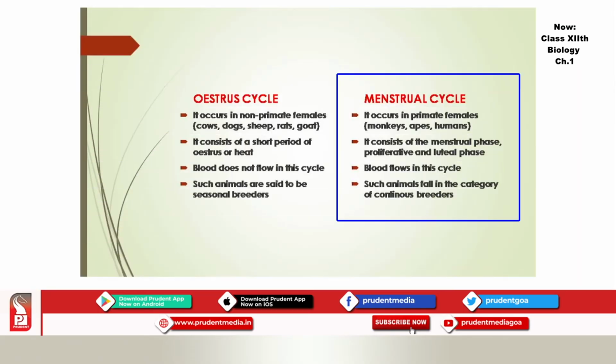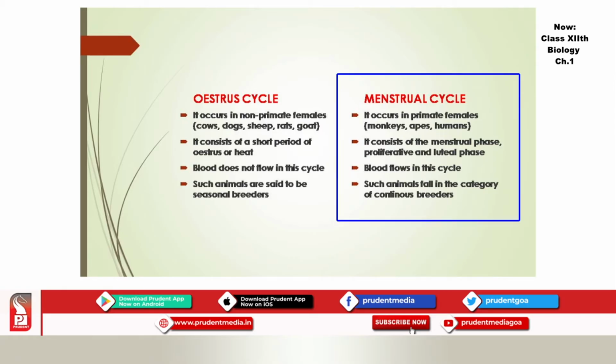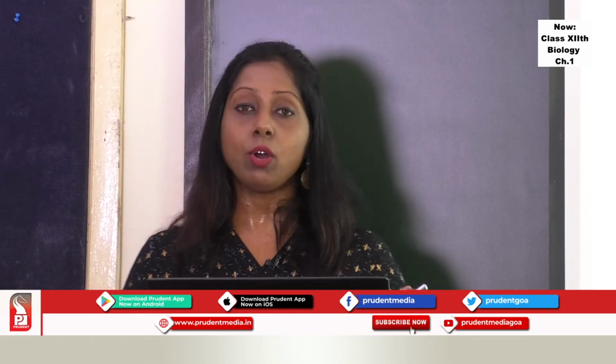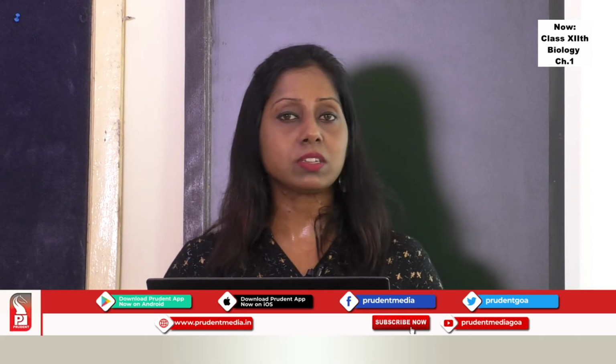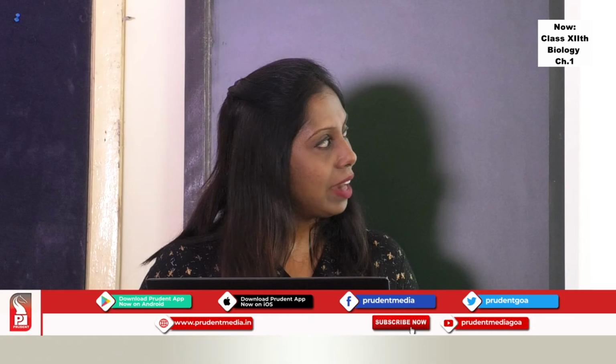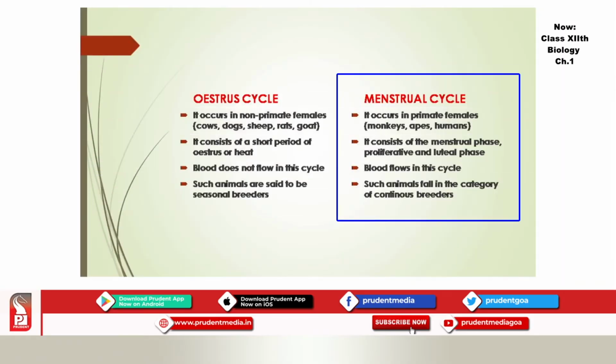So what are the other features of the menstrual cycle and the estrous cycle? Let's have a look at the menstrual cycle. It consists of the menstrual phase, proliferative phase, and the luteal phase. These are phases that occur in every menstrual cycle. The menstrual cycle is a cyclical change that occurs in the reproductive system of every primate female every month. During that month, it goes through different subphases: menstrual, proliferative, and luteal phase.